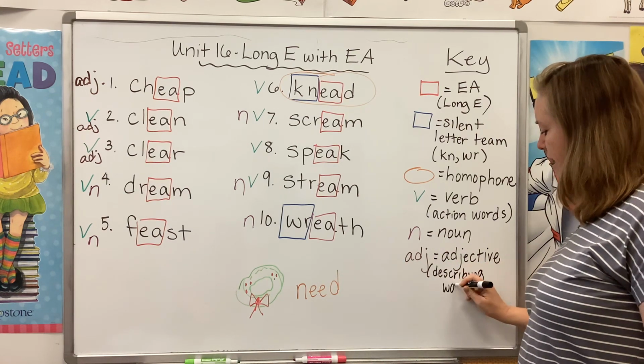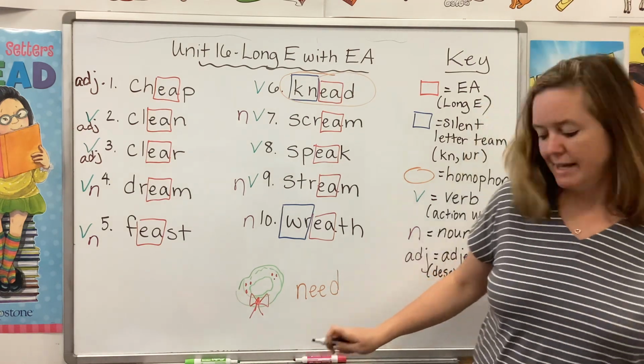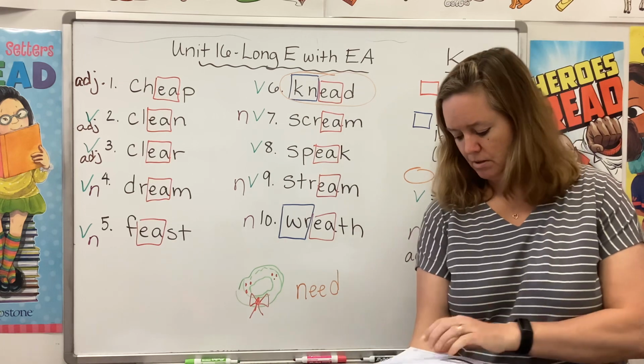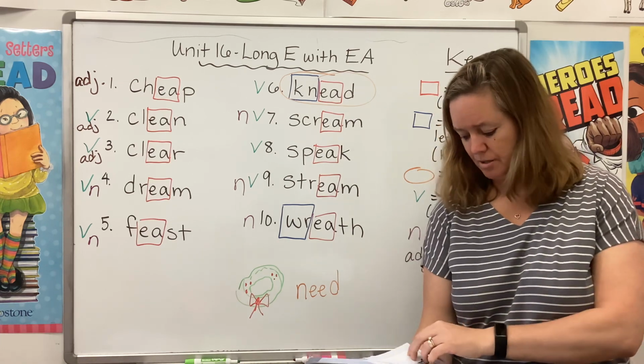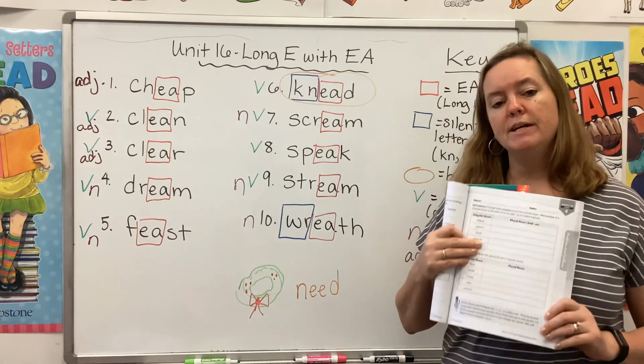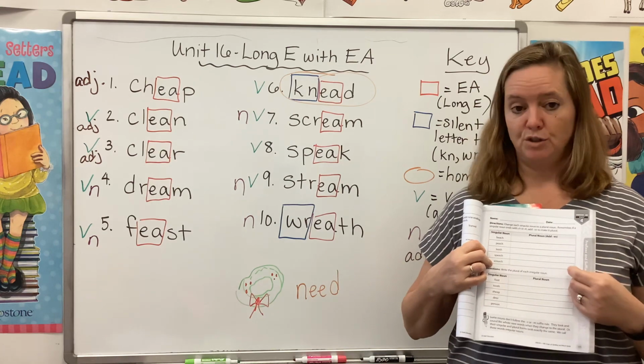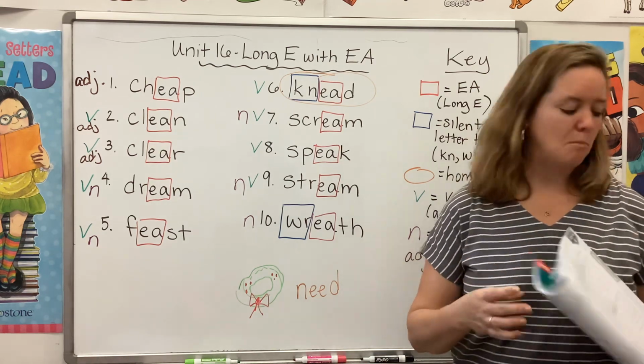Now I want to go back to our nouns for a second, because when you get to page 105, you are going to practice changing singular nouns to plural nouns. Remember, plural means more than one.